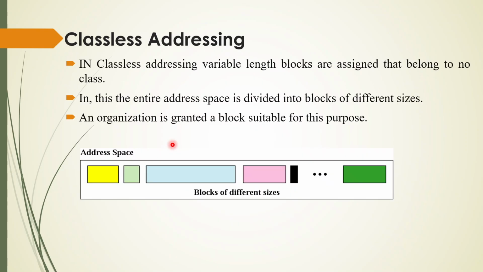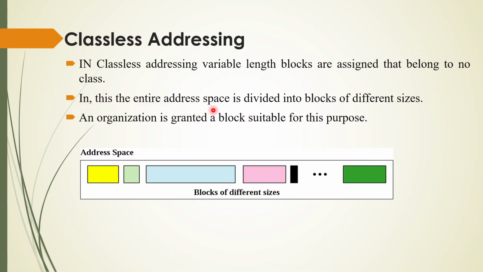Next is classless addressing. In classless addressing, variable length blocks are assigned that belong to no class. They have no class, and they are assigned according to variable length, so blocks of different sizes.